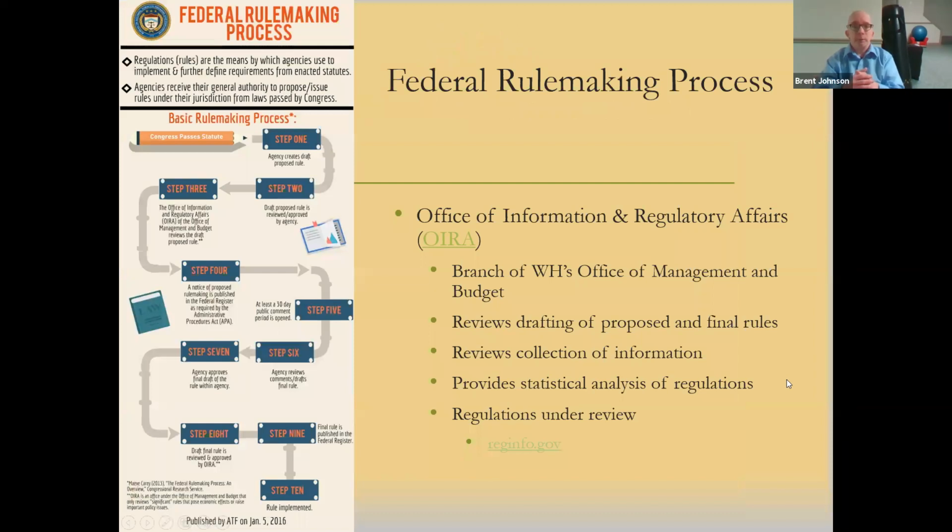So here, the rulemaking process in general on the left side of the slide. First, Congress passes a statute which gives agencies power, or a statute that says an agency ought to do this. So then the agency takes the lead from there. They propose a rule. This proposed rule is published by the Office of Information and Regulatory Affairs.